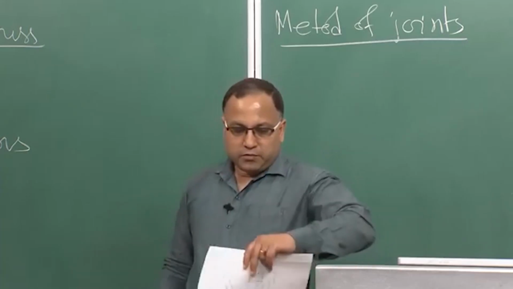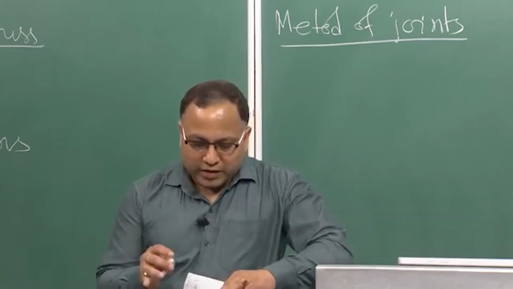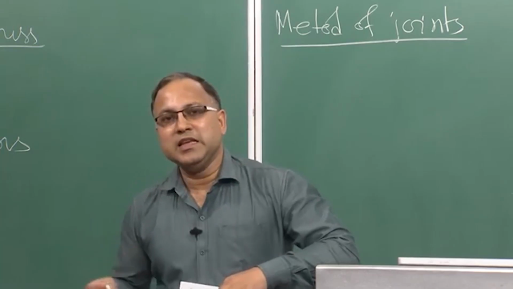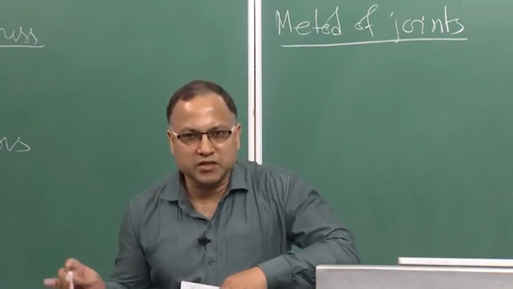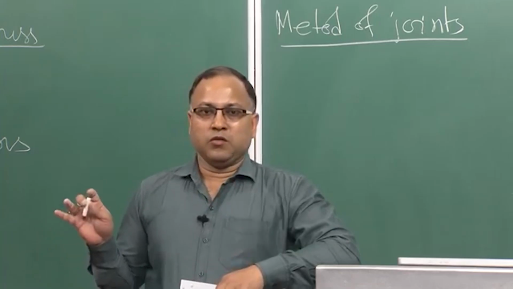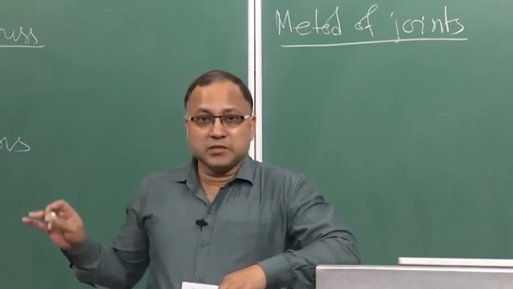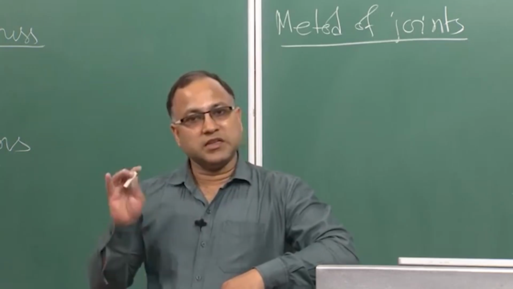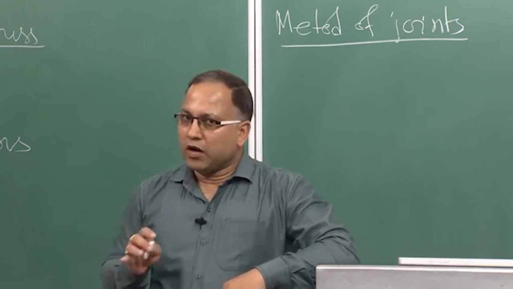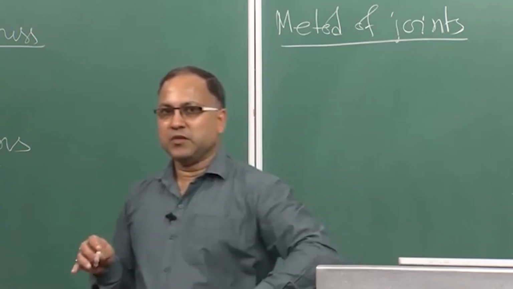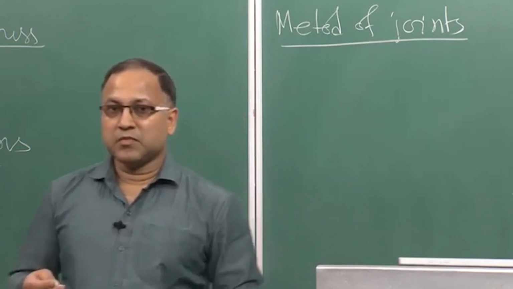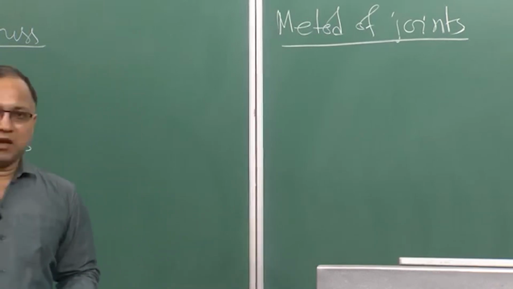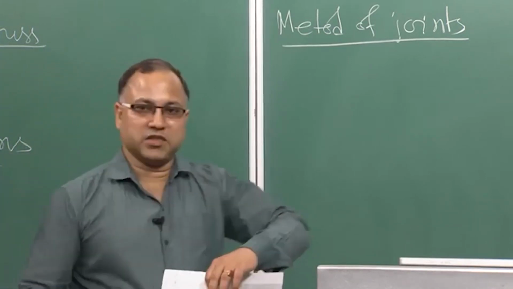Of course, at this moment we are not going to analyze any internally indeterminate truss, because whatever truss we will be discussing in this particular chapter, everything will be internally determinate. If you want to analyze an internally indeterminate truss, then you need some other logic or some other conditions. Otherwise you cannot solve the indeterminate structure.